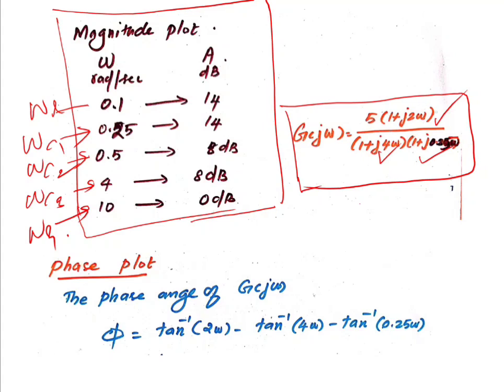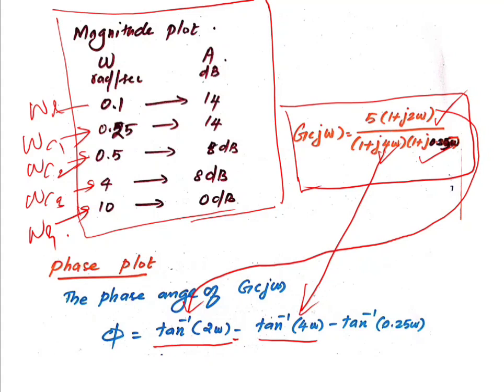First we take the first term, 1 plus j2 omega. For the first term, the phase angle is tan inverse of 2 omega. The other two terms are in the denominator, so the phase angle is minus tan inverse of 4 omega, that is, tan inverse of the imaginary part by the real part.